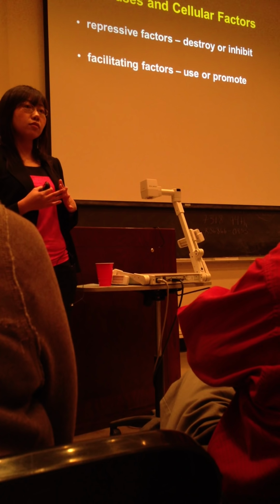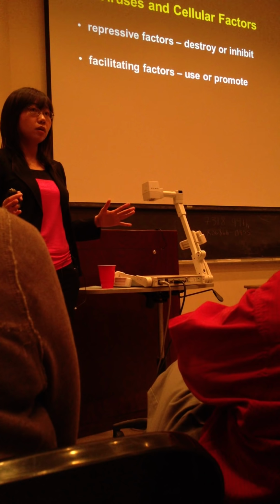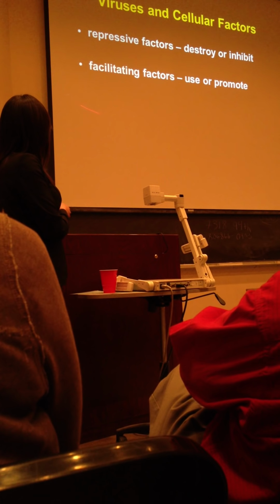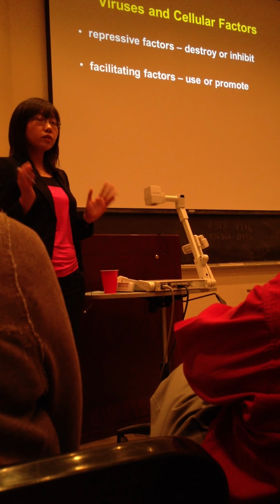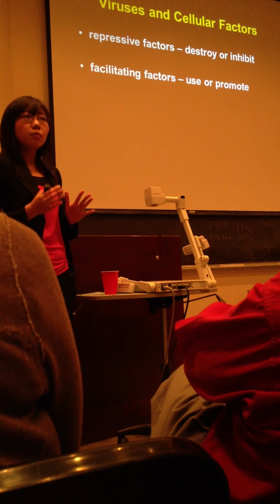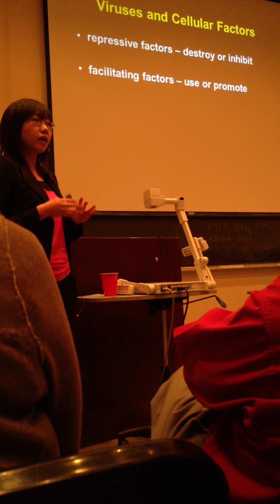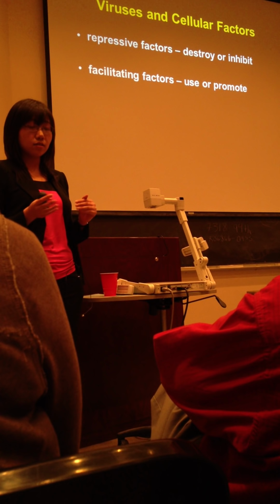In order for infection to proceed, the virus has to disturb or inhibit them. The second category, I like to call facilitating factors. They might be normal cellular processes or pathways, but because they are beneficial for the virus infection, the virus might hijack these normal cellular processes and use them for its own benefit.